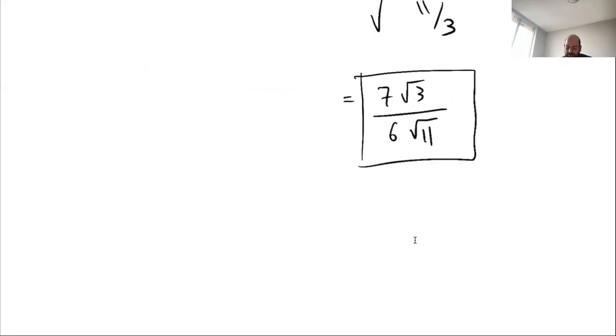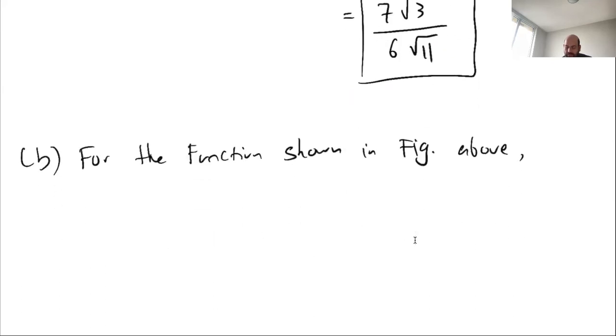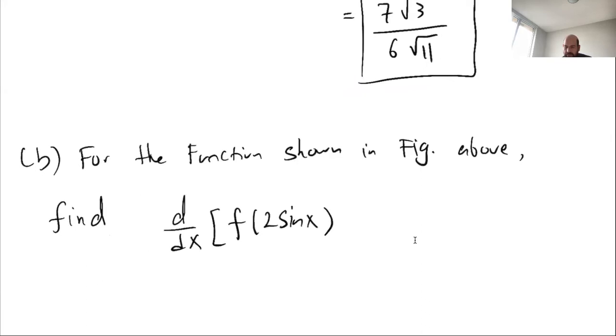Now let me add part B for this question. For the function shown in the figure above, find d/dx of f of 2 sine x at x equals pi over 6.